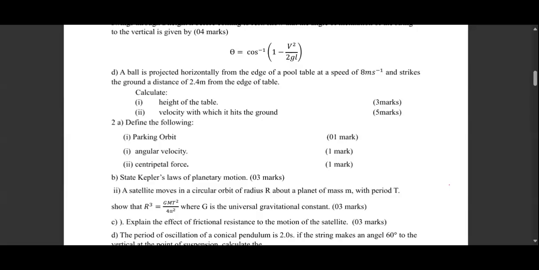Then I think we shall wind up with some other questions from the modern physics part. Because of time, we may not be able to go through all the questions, but I'll be sharing with you the solution guide for all the numbers in this document.